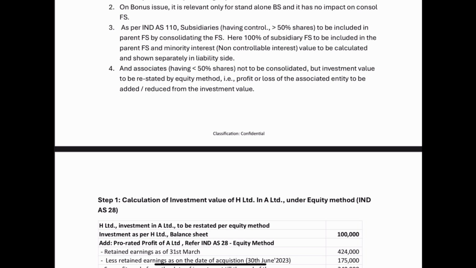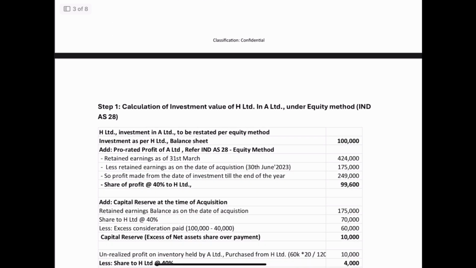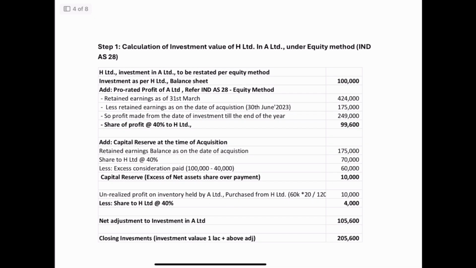So it's not a subsidiary, it's only an associated entity. So in this case, line by line consolidation is not required, but the investment of H Limited in A Limited needs to be restated after taking into account the profit or loss of the associated entity, meaning A Limited. Okay, so these are the important considerations you'll have to go through when you prepare this consolidated financial statement.